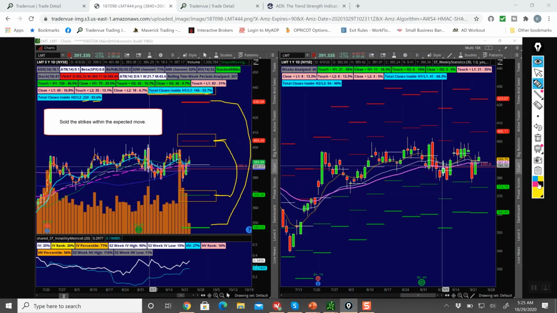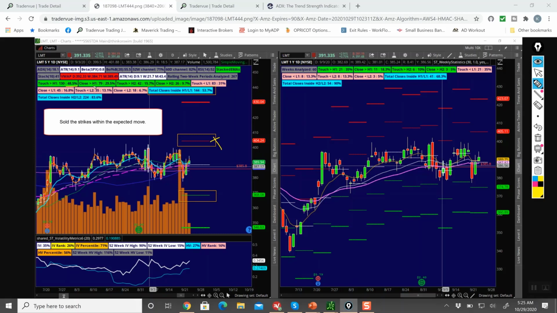And then these other boxes, what it tells you is it has touched H1, which is high 1, which would be this one. Oh, sorry, that's H2. This one is H1. It has touched H2 and above 49% of the time.